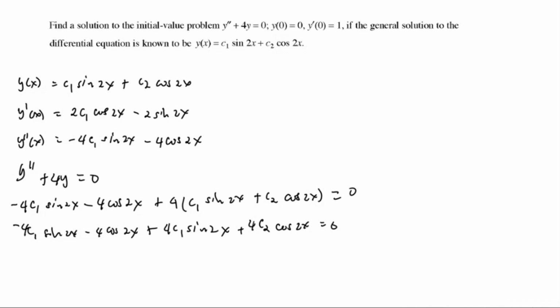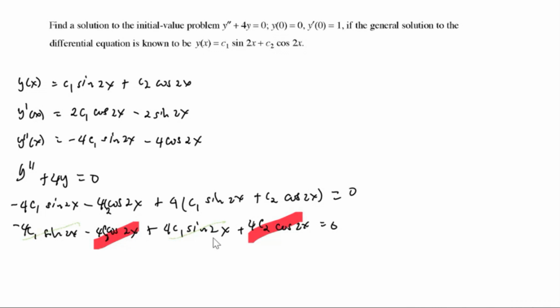So by inspection, we can write negative 4 c sub 1 of sine 2x, so this one and this one are additive inverses. While for the other terms, we have negative 4 c sub 2 cosine 2x and also positive 4 c sub 2 of cosine 2x, so they are also additive inverses.